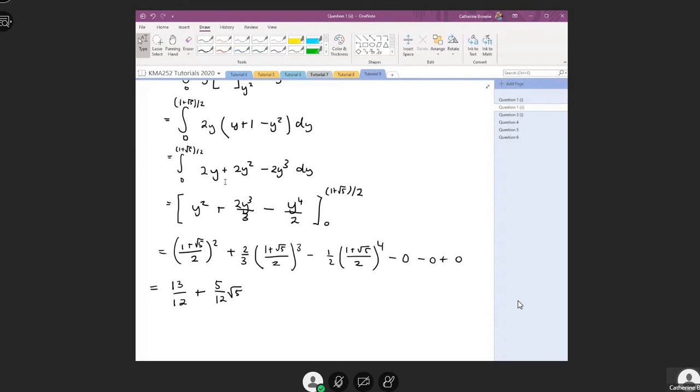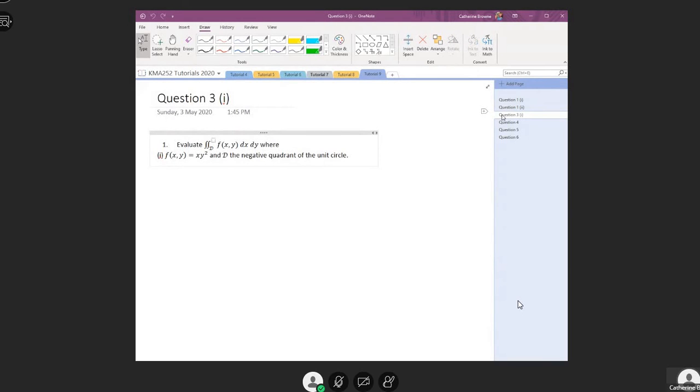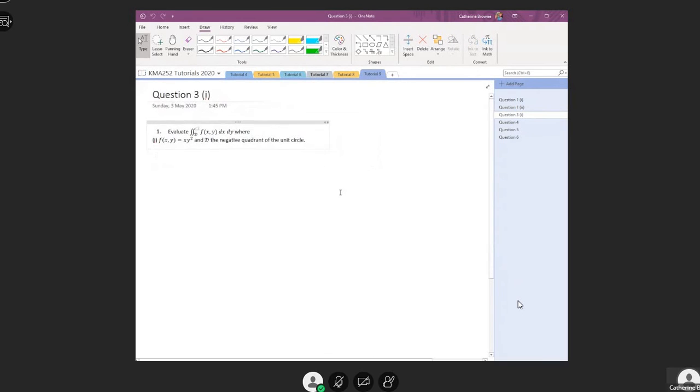If you draw a picture and think about the regions you're integrating over, they're not that different from each other. So does anyone have any questions, or shall I move on? Okay. I'll move on to question 3.